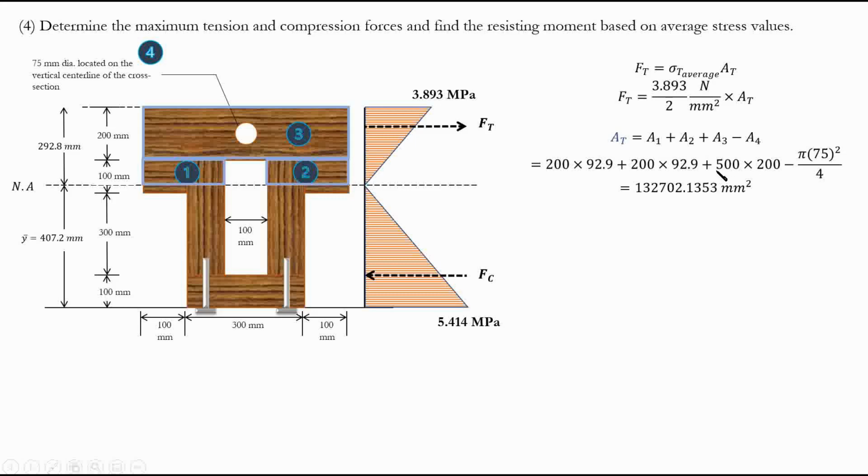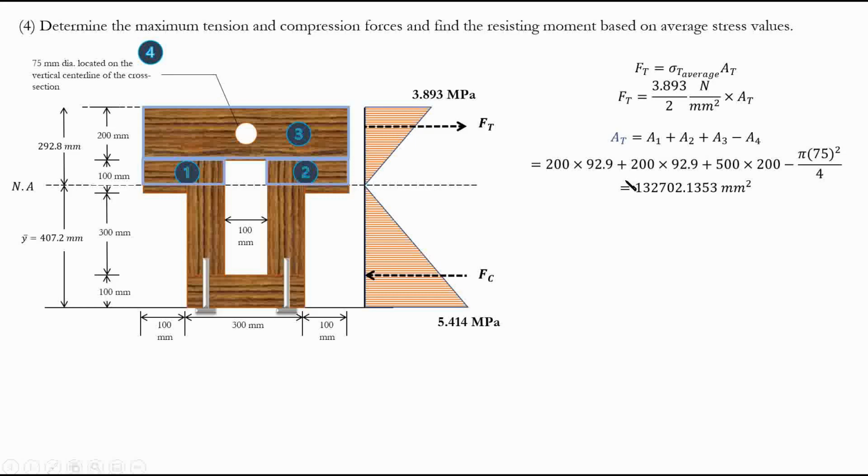For piece 3, you have 500 multiplied by 200, minus the area of the circle, which is pi times 75 squared over 4. It is a simple area calculation: the area of this plus this plus this, minus the area of this circle.